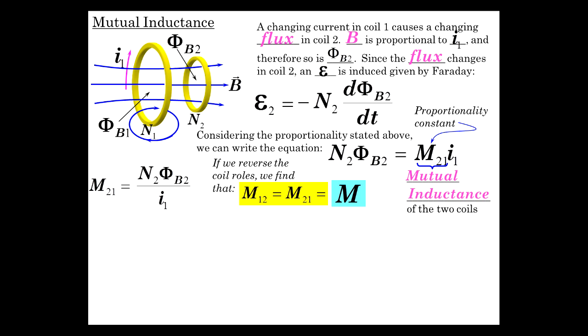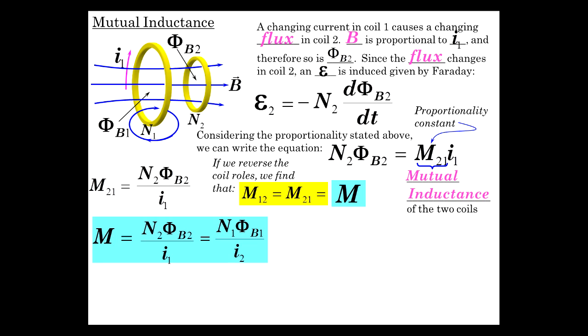Basically, you can just sit them there in space next to each other and recognize this is a characteristic property of the geometry, the spacing characteristics of those coils. Now, M is equal to then, without the subscripts, N2Φ_B2 over I1, and that's N1Φ_B1 over I2. So there is the mutual inductance.